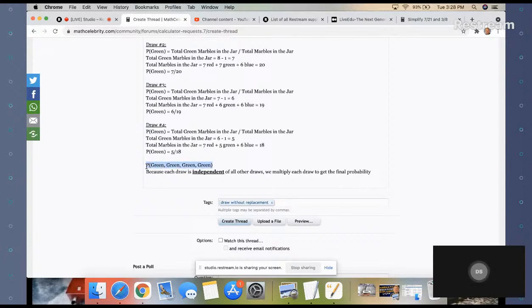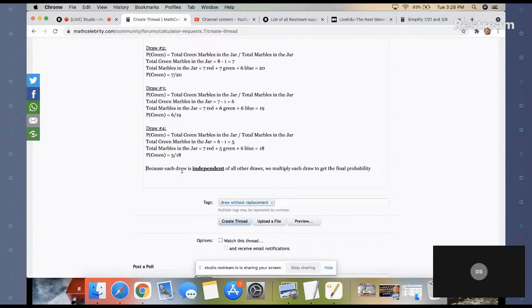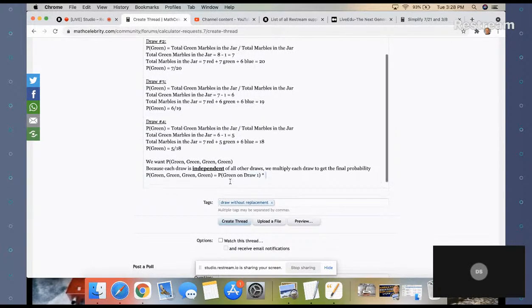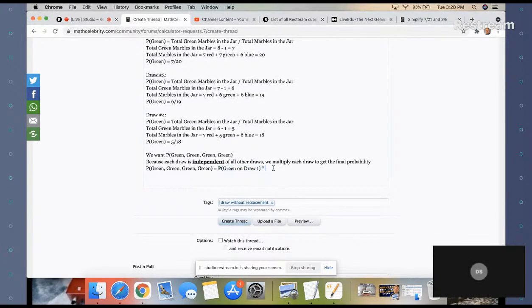So what that means is we want the probability of green, green, green, green. So we do this equals probability green on draw 1 times draw 2 times draw 3 times draw 4.